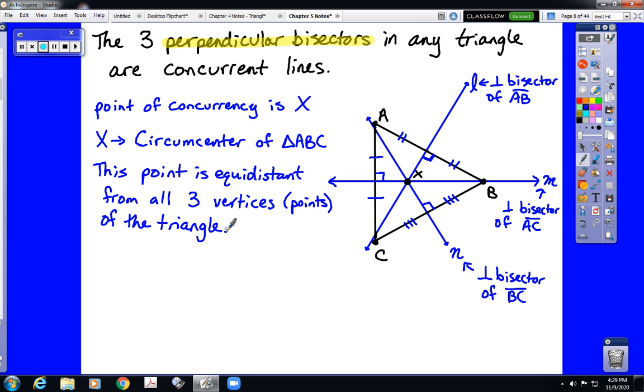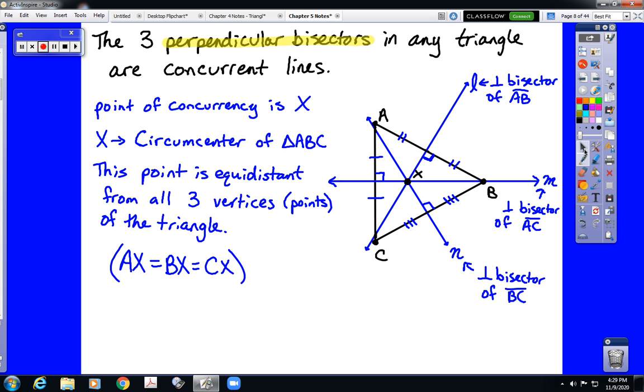Now, those line segments that I'm going to talk about here are actually not shown specifically in this picture. Okay, but what I'm saying is that if we looked at the distance from A to X, the distance from B to X, which is in the picture, and the distance from C to X, all 3 of those lengths are the same length.